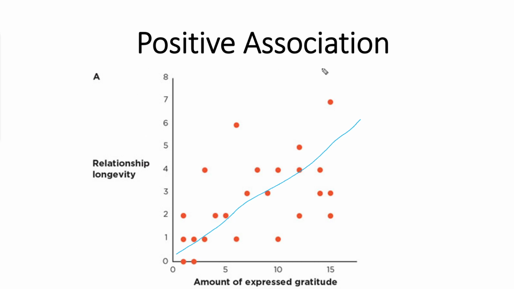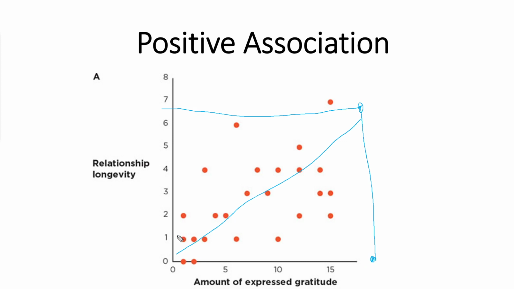So this is a positive association because we're specifically seeing this upward sloping line. And so what this is telling us is that the longer you're in a relationship, the more gratitude we'll see expressed. So scoring high on this axis gives us a high score on this axis.